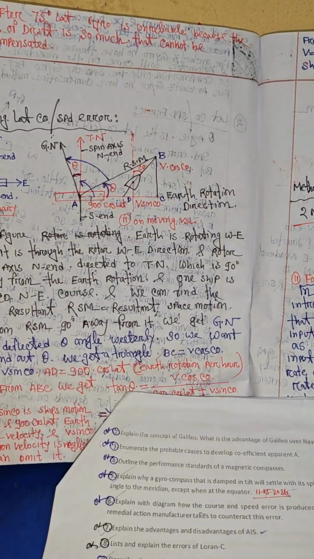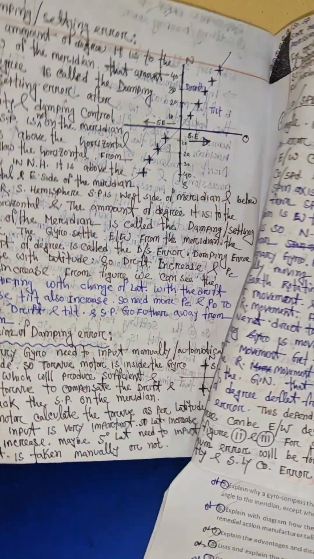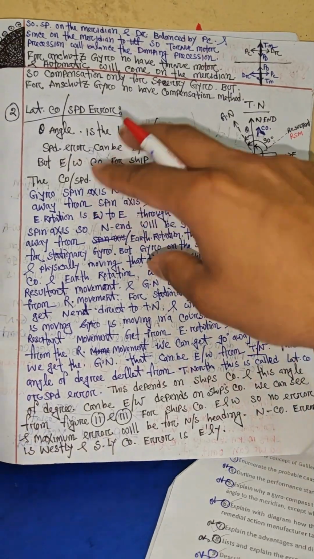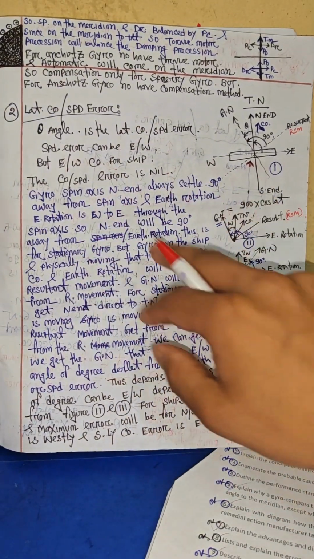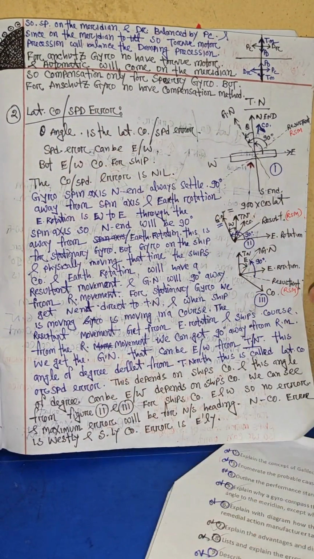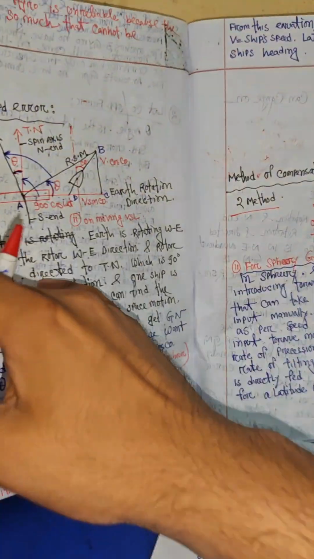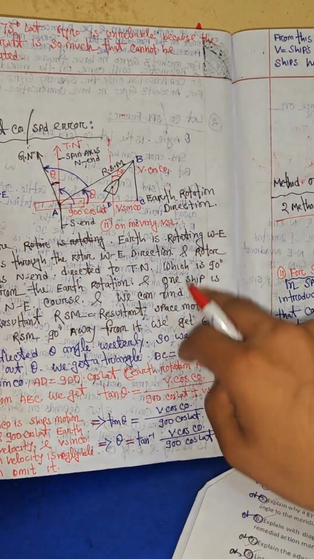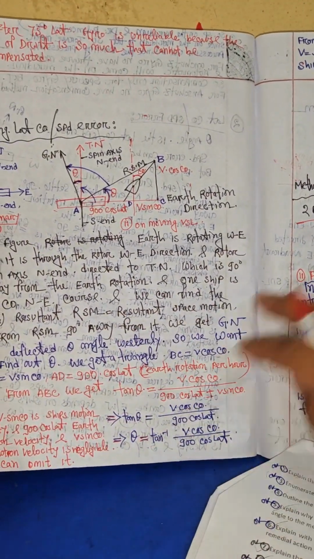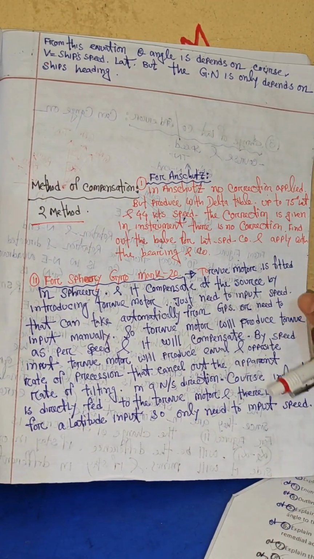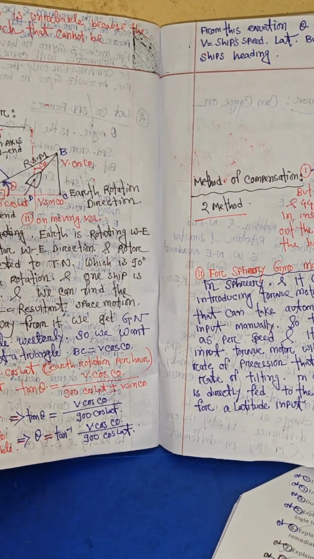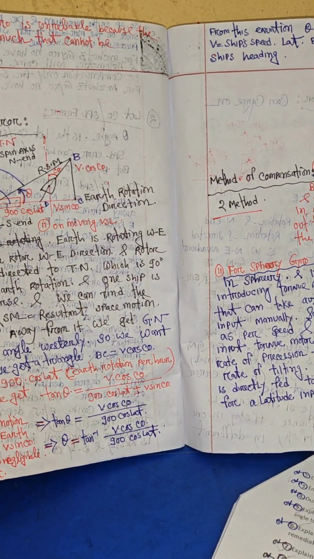So you have to explain this one guys, with this figure. You have to explain the latitude, course and speed error with this figure. Okay, and if you can, give this one also. This is good if you have time guys, and after that give the compensation method. Okay, so I think you can understand this latitude, course and speed error.